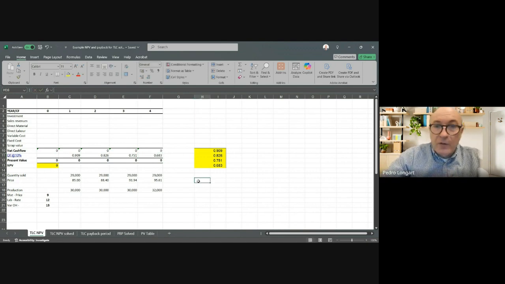So that means, considering a 10% cost of capital, what I consider is that in 1 year, $1 is not $1, but it's 0.9. And in 2 years, it will be 0.826. In 3 years, you can see how the value of the money loses over time.